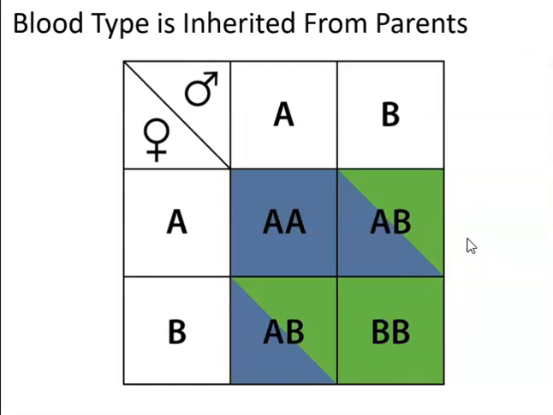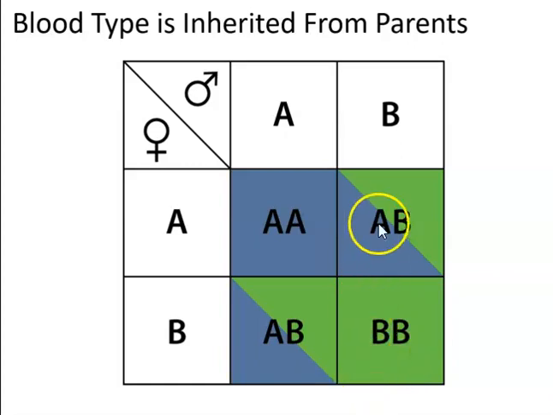Now, if we mix two parents that have type AB blood, we can see other combinations that can occur. So 1 out of 4, 25%, of the children will have type A blood, but being homozygous for type A, so having two A alleles, and then 25% of the children being homozygous for type B, so having two B alleles.